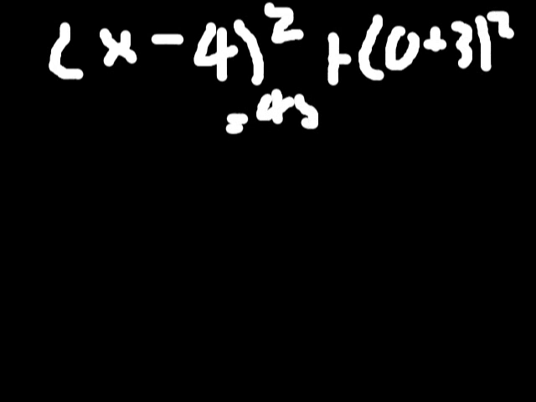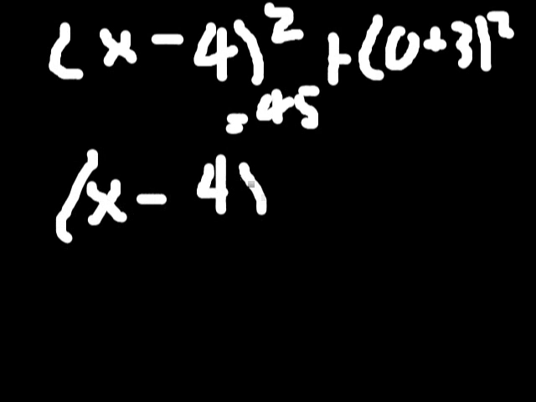And then this 0 plus 3 squared is just 9. And if you subtract 45 minus 9, you get 36. So we get x minus 4 squared equals 36.